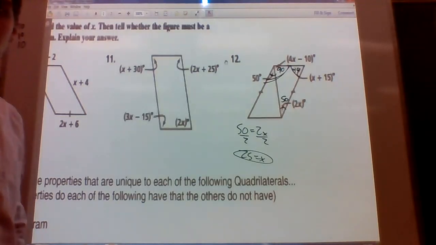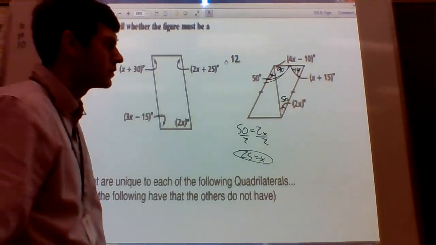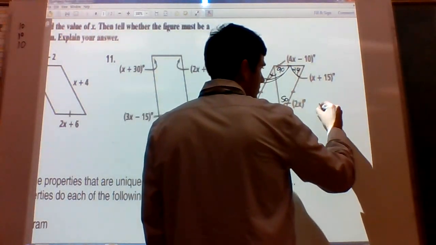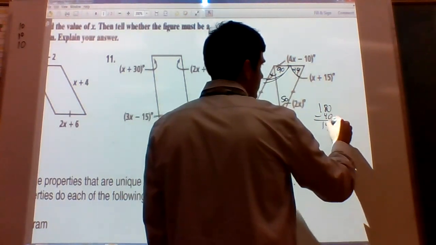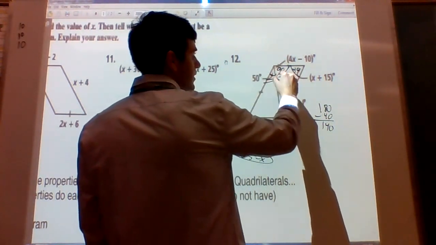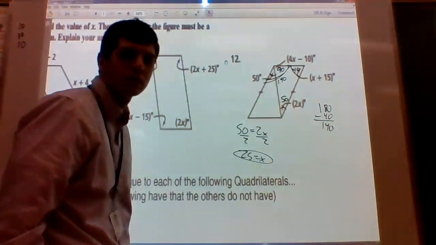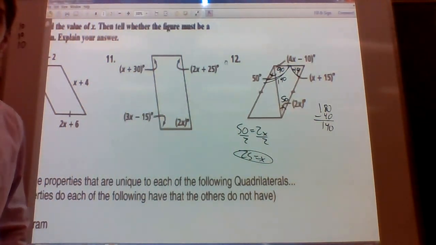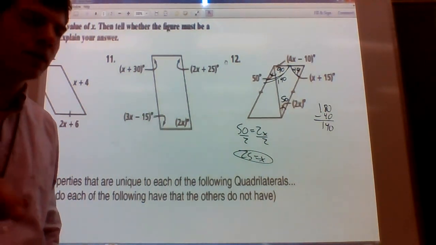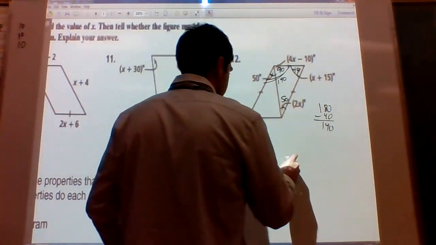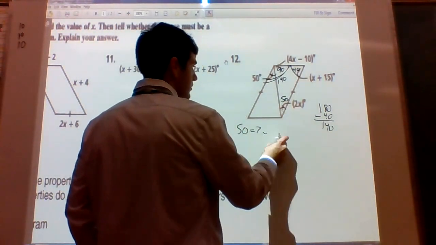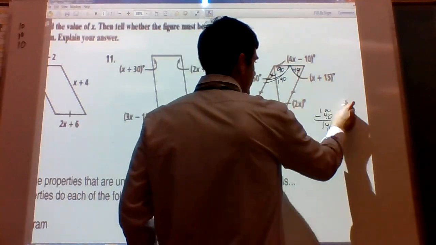So that one's going to have to be 140. 180 minus 40 is 140. 90 plus 50 is 140. So it looks like that one's going to work. This one is going to be a parallelogram. The numbers are going to work out for us. So number 12 is a parallelogram.